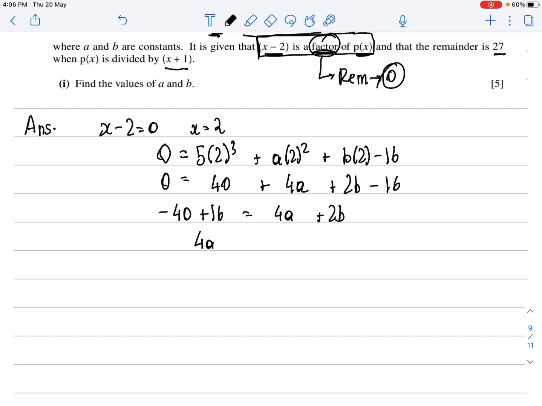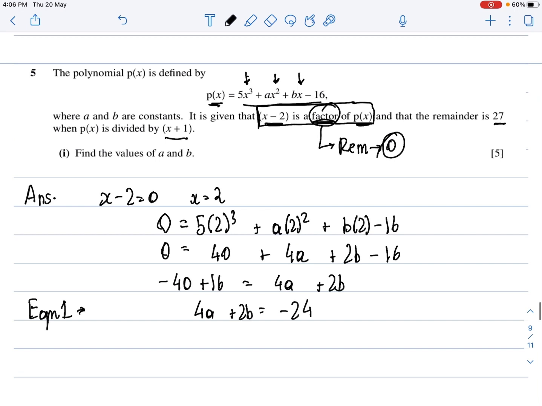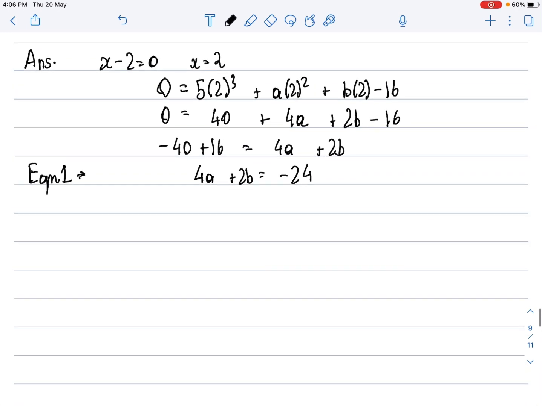So I get my 4a plus 2b as minus 24, and I can say this is my equation 1. Of course, you must have figured out that it's simultaneous because here I have a and b, which are two constants.